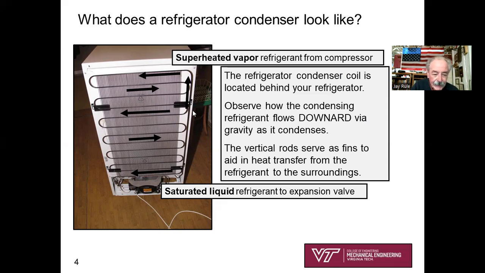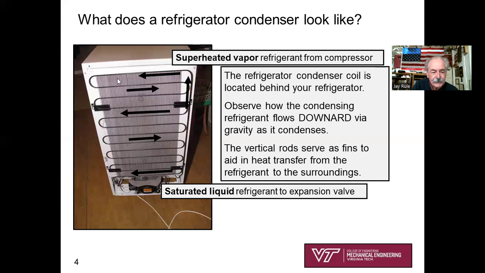I can't see on this sketch exactly where it's coming in, but since we know that saturated liquid is the outlet of the condenser, the outlet of the serpentine tube is probably going to be somewhere low, because gravity will pull the saturated liquid down to its lowest point. So I'm going to say the outlet of this condenser is down low somewhere.